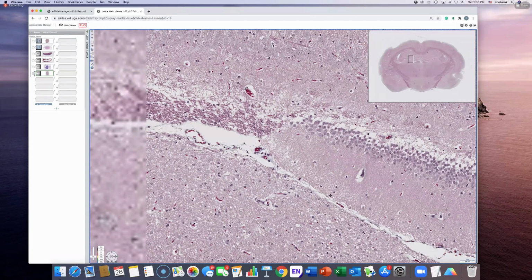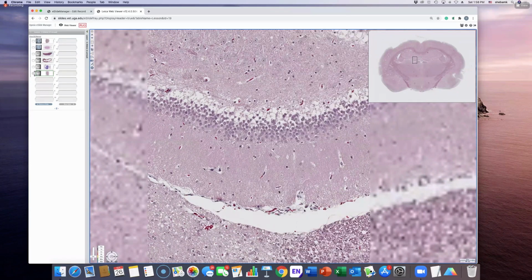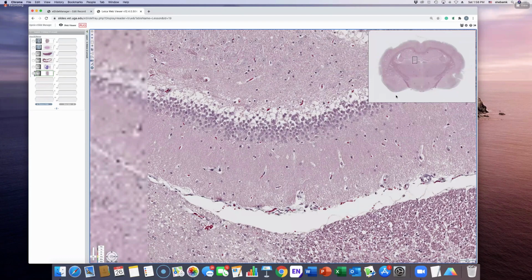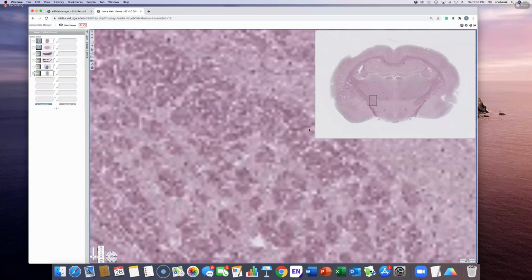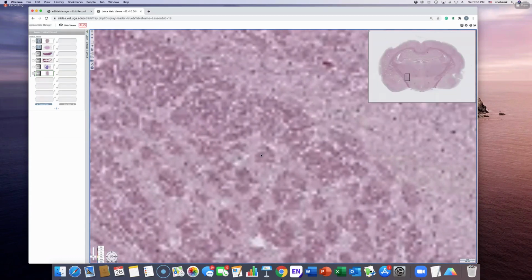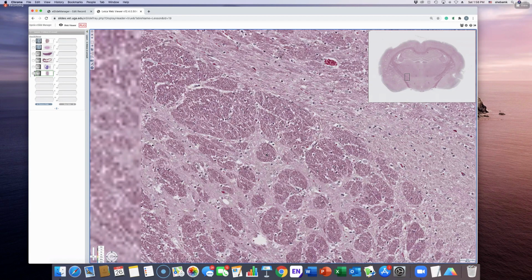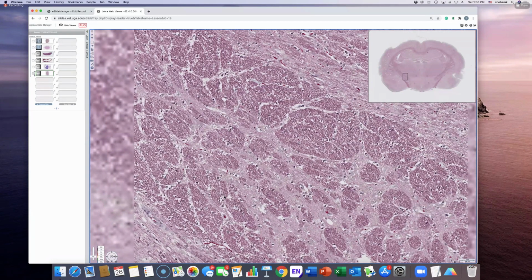In the central nervous system, in the brain, gray matter is on the outside and white matter is more on the inside. The white matter is made up of axons, bundles of axons running through and forming the white matter.